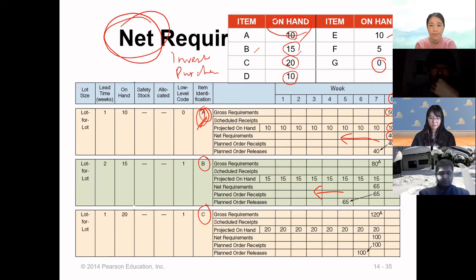I only need to have 40 at week 8 because I have 10 already on hand, because 40 plus 10 is 50. So if I plan release this backwards, remember 1 week lead time. On hand is 10. So my plan order release is going to be at week 7, but quantity is 40.